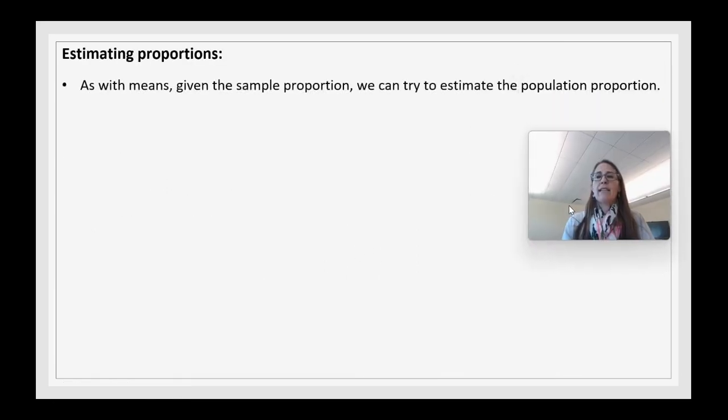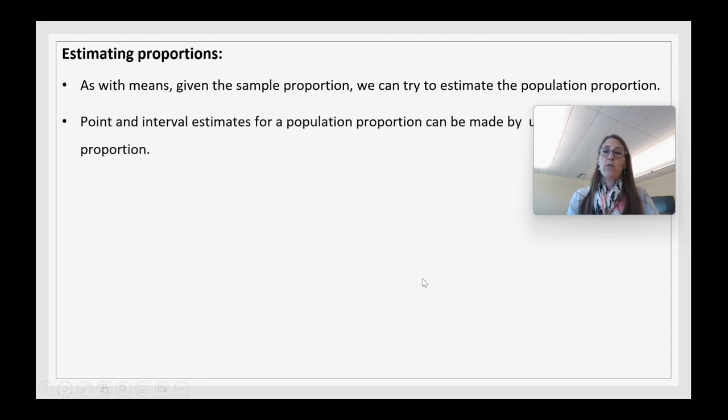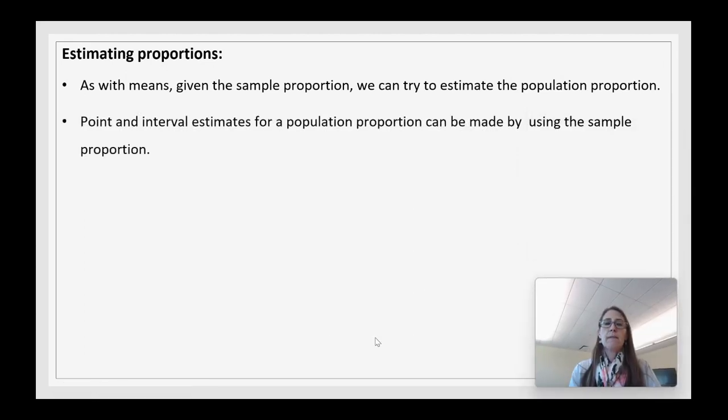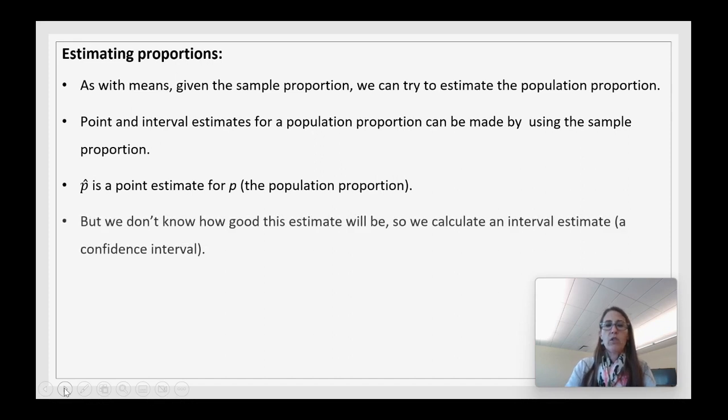So we can try to estimate the population proportion just like we did with sample means and population means. Point and interval estimates for a population proportion can be made using the sample proportion. p hat is a point estimate for p, the population proportion, but we don't know how good that single number estimate would be.